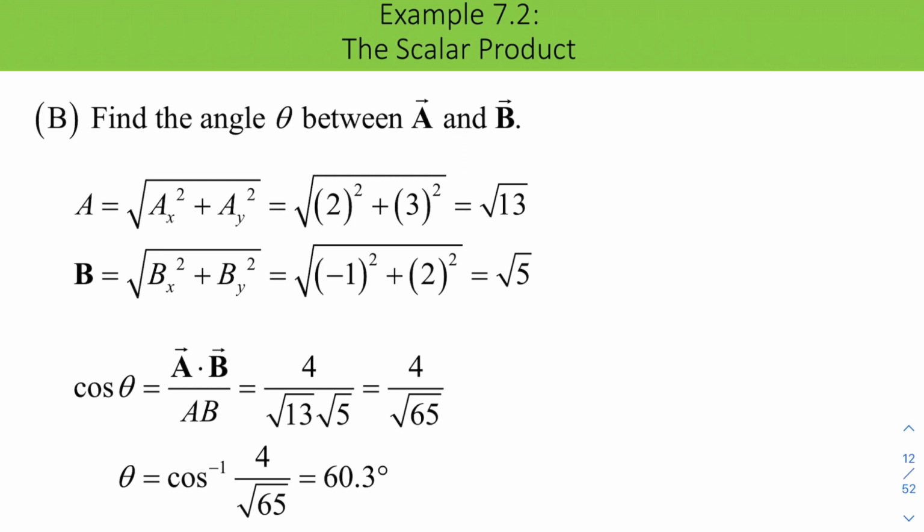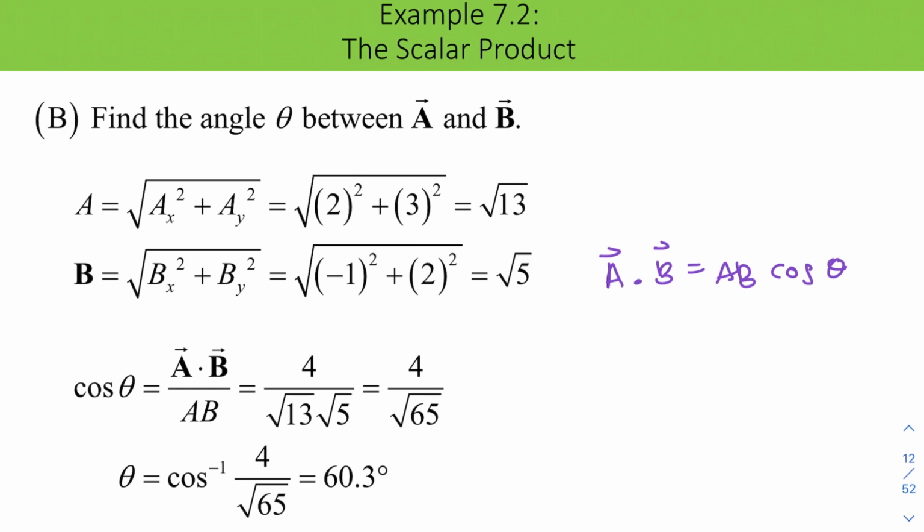So find the angle between A and B. Since we have, this is to figure out the magnitude of each of vector A and vector B. Then, by definition, A dot B is equivalent to AB cos theta.